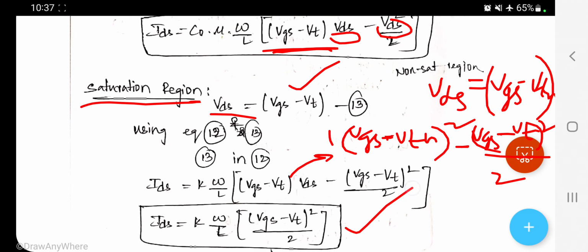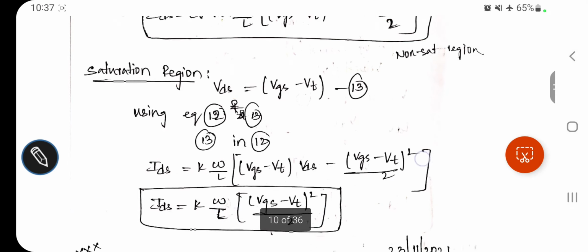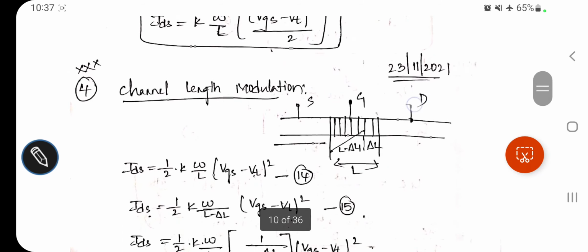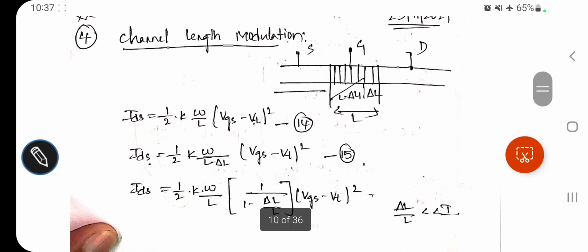So this is the equation for saturation region operation. We got two equations, one for non-saturation region operation, another for saturation region operation. And for cutoff region, IDS is equal to 0. So these are the two equations which relate IDS and VDS. We'll discuss the problems in coming videos.